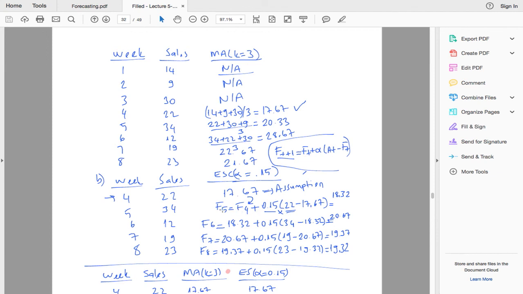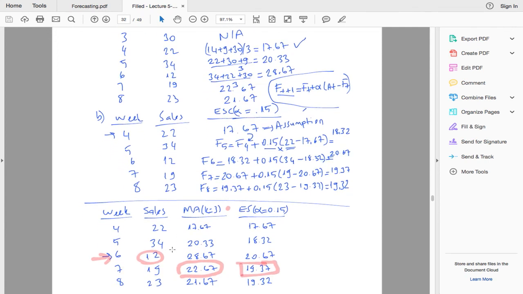Starting from week 5, because I had the new data availability, I had to update this function. So my f5 is equal to f4 plus 0.15 times (22 minus 17.67). And then I kept doing that until I reached week 8. Okay, that's part B.